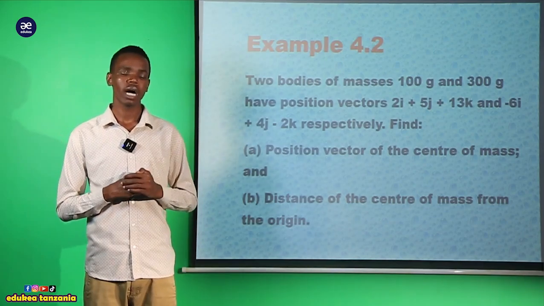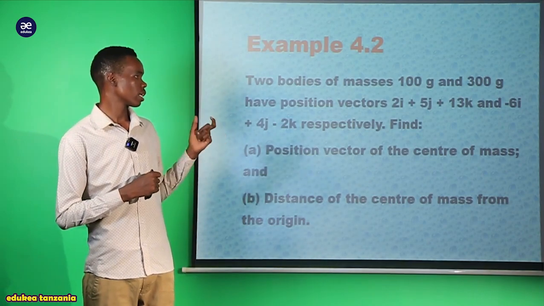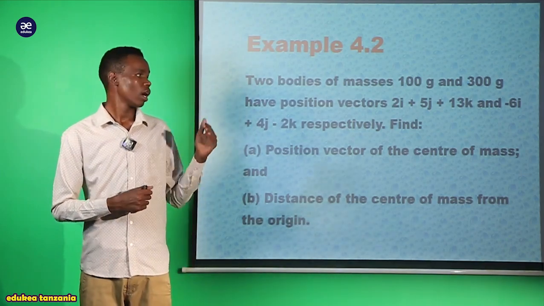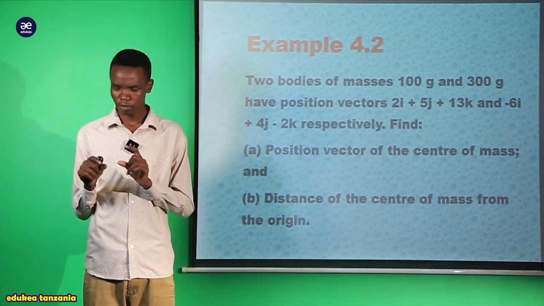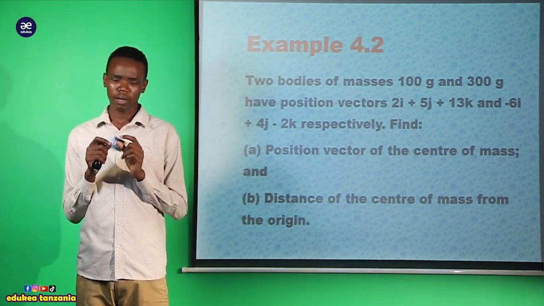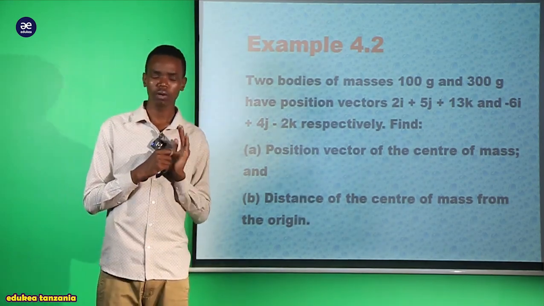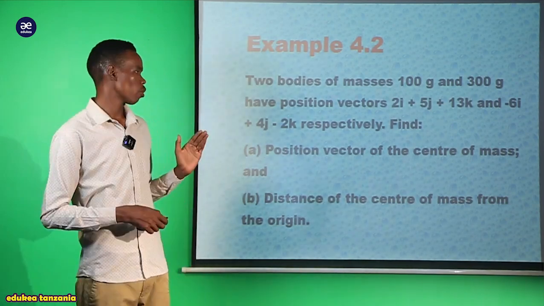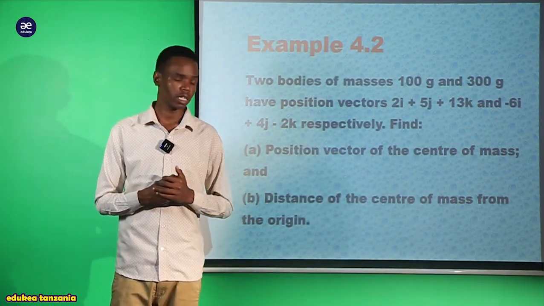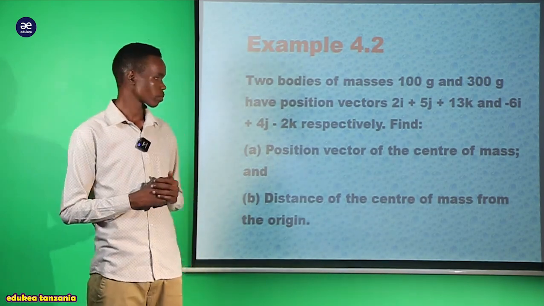Particle 1 has the mass of 100 gram, and its position vector is 2i plus 5j plus 13k. But particle 2 has mass 2, which is equal to 3 kg, and the position vector of -6i plus 4j, minus 2k respectively, as we can see here.